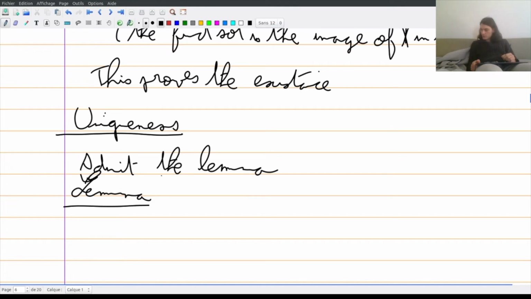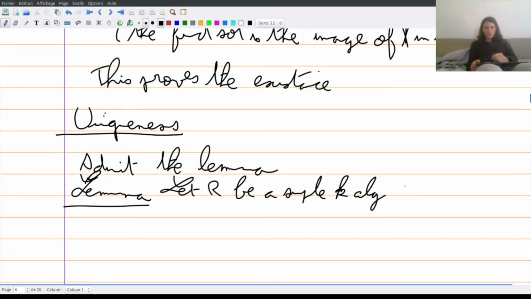Let R be a simple K algebra that is a difference ring, a simple difference ring.